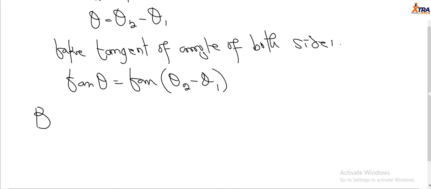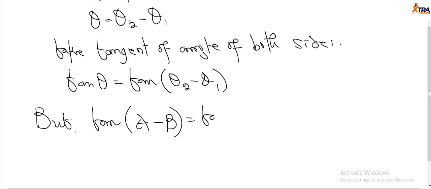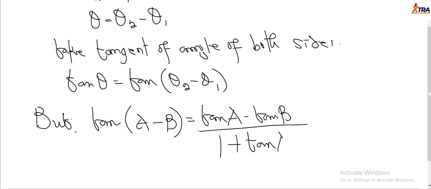Now, from our trigonometry, we have tan (A minus B), which equals tan A minus tan B over 1 plus tan A tan B. We have done this in the previous class.